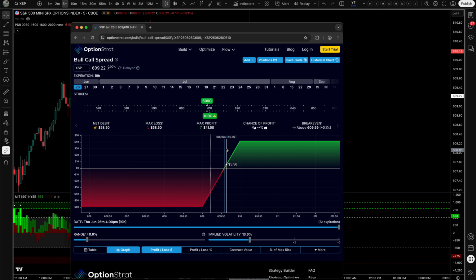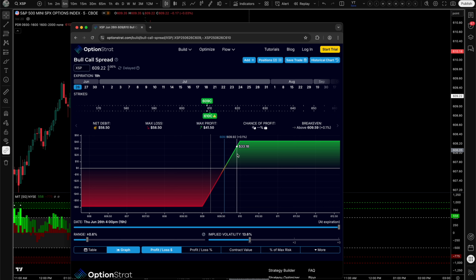We're at 609. Our break-even point is 609.58 because we only spent $58. That's awesome. However much we reduce our max loss, that shifted the break-even point back in our favor.